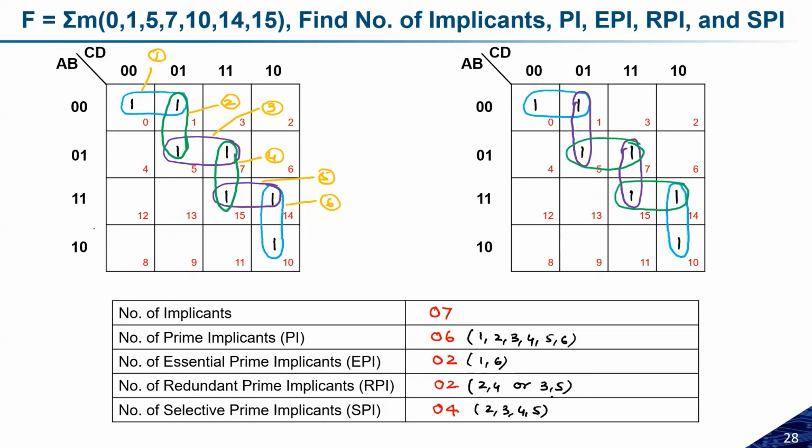So these are the possibilities. In the first K map, 2, 4 is the redundant one, and in the second one, 3, 5 is the redundant one. Hope doubts are clear. So this is all about the implicants.